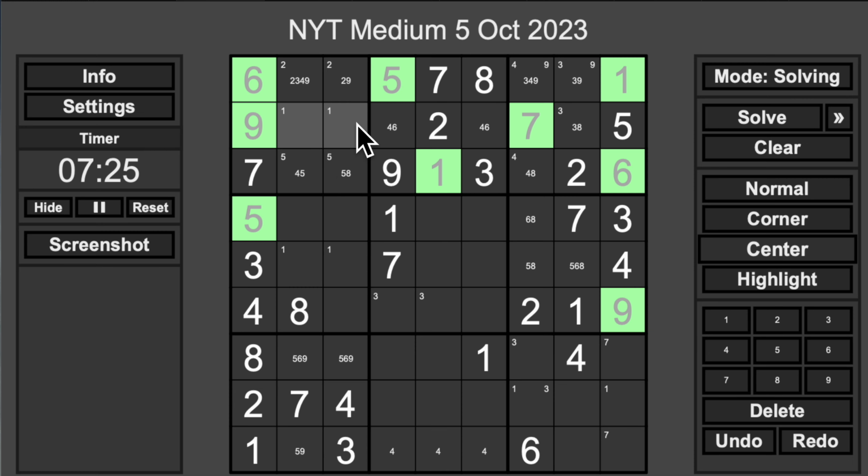Okay, these are the only things left in box 1. They cannot be 2, 5, 6, 7, or 9. So they are 1, 3, 4, or 8 to start with. This sees 8. This sees 3 and 4. That can't be 4 because of the pair.